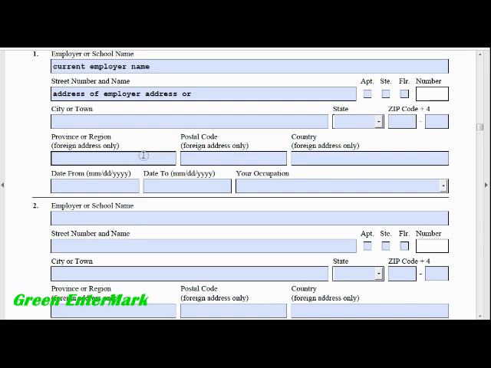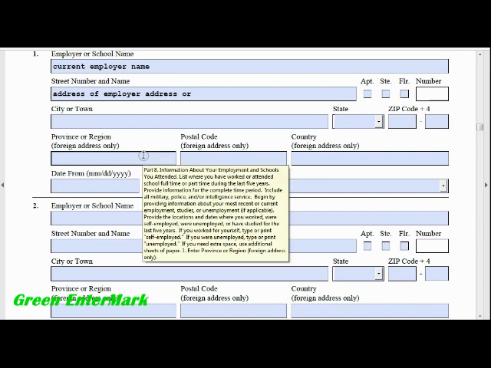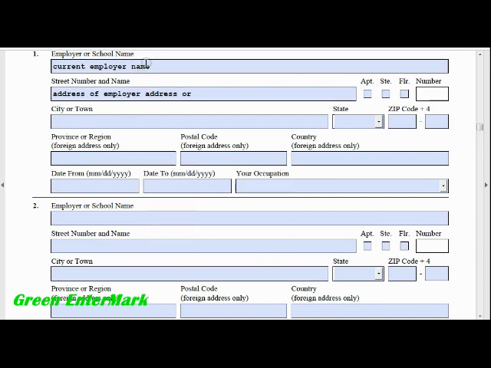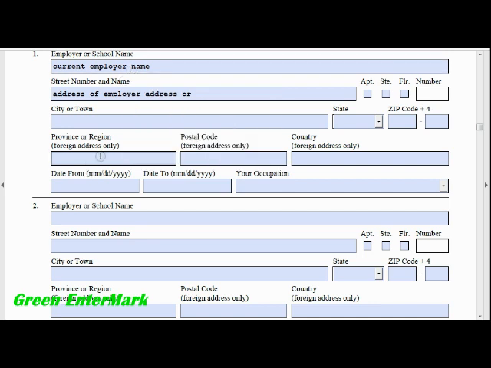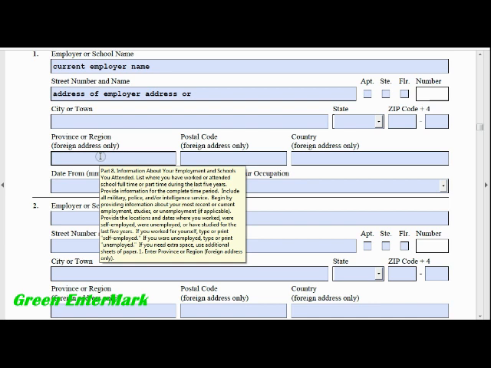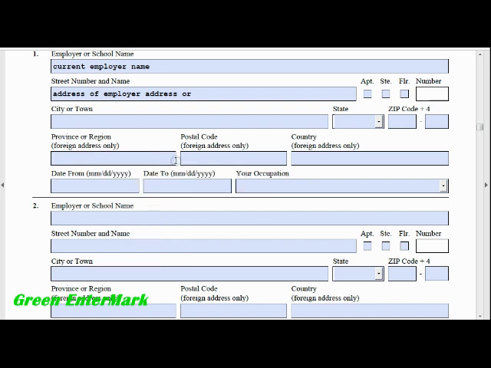And if you are outside the USA, you have to mention your school name here and also your employer, and provide the province outside the USA where your company or school is situated, sorry.